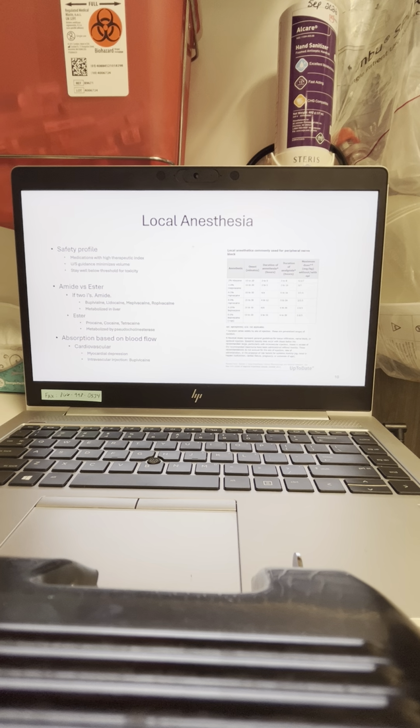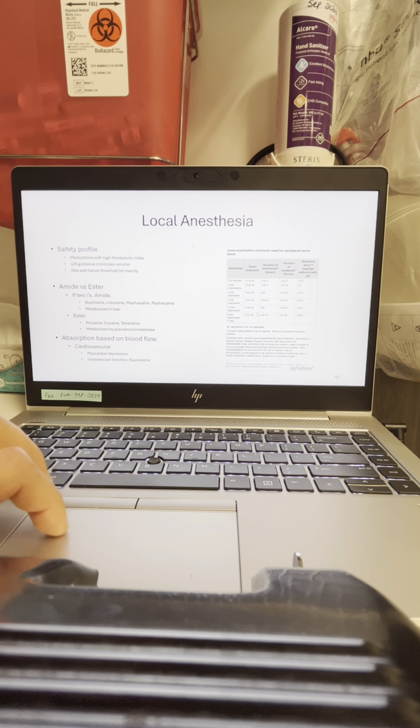Okay, the picture on the right, just to show, our bupivacaine and ropivacaine are our most commonly used for peripheral nerve blocks. As we mentioned earlier, bupivacaine is going to be our usual for our spinals.